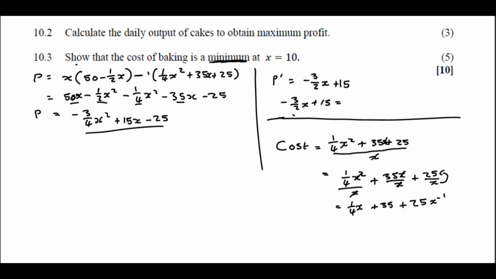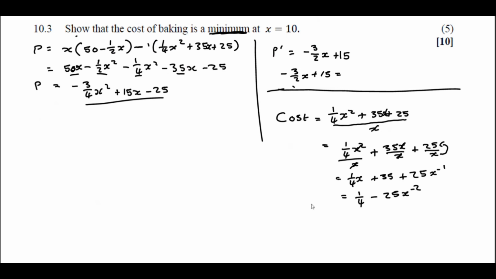Now I'm going to apply my derivative. The derivative of the first term is 1 over 4, the derivative of 35 is 0, and then that's going to be negative 25 x to the power negative 2. Now to find the minimum, I have to set the first derivative equal to 0.